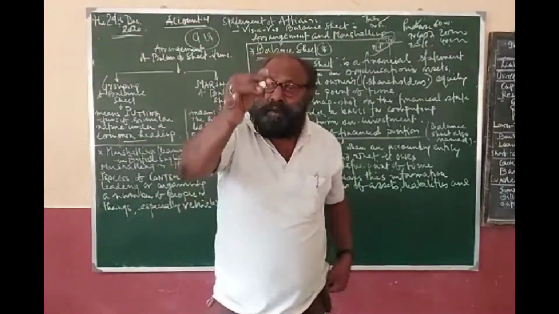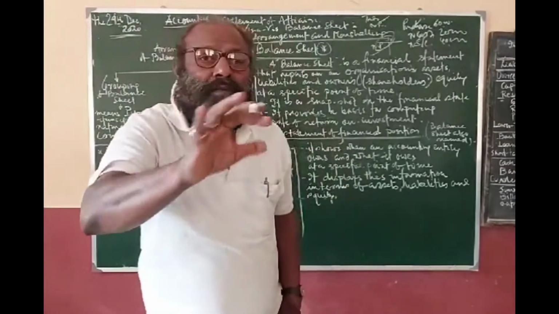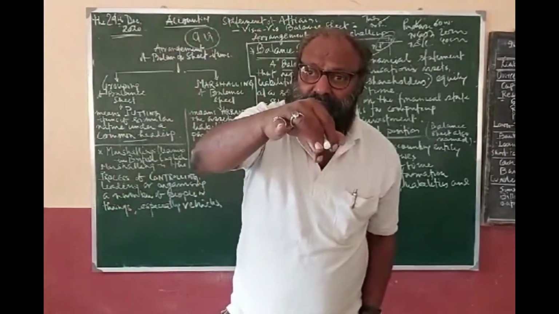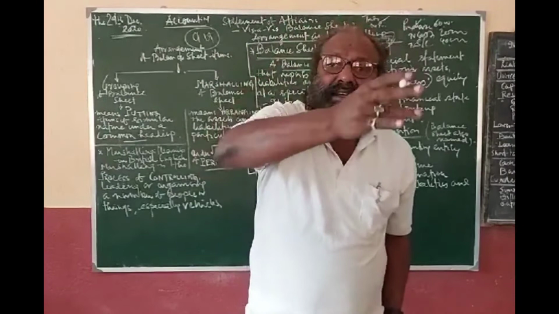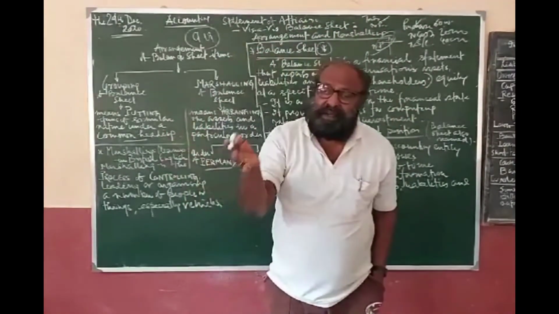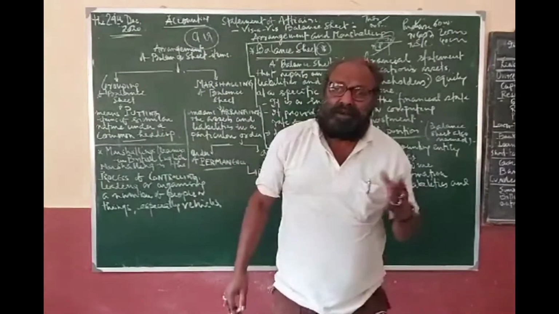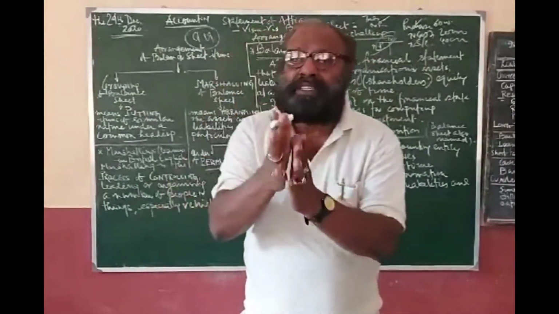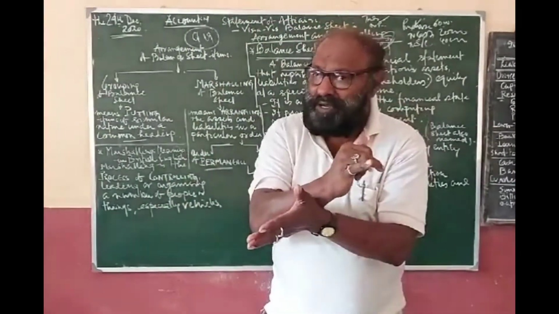Clear? So trial balance gives us the total picture of all the revenue items, the expenses and incomes, the losses and the gains, and the concept is matching cost against revenue. Clear?